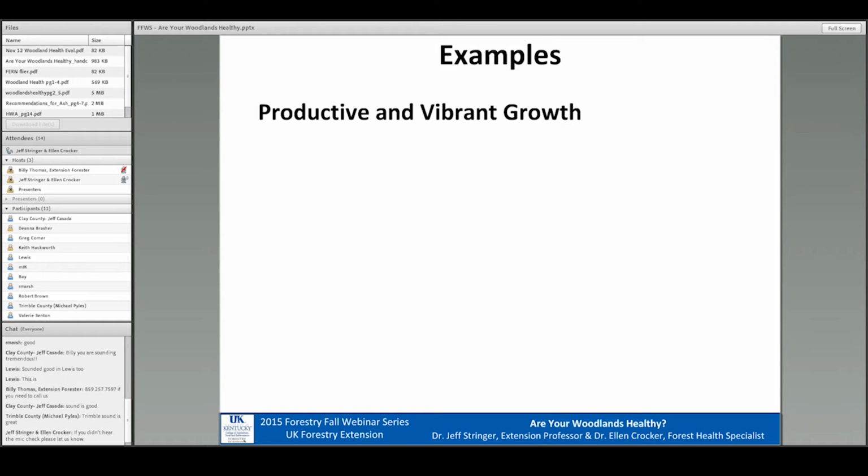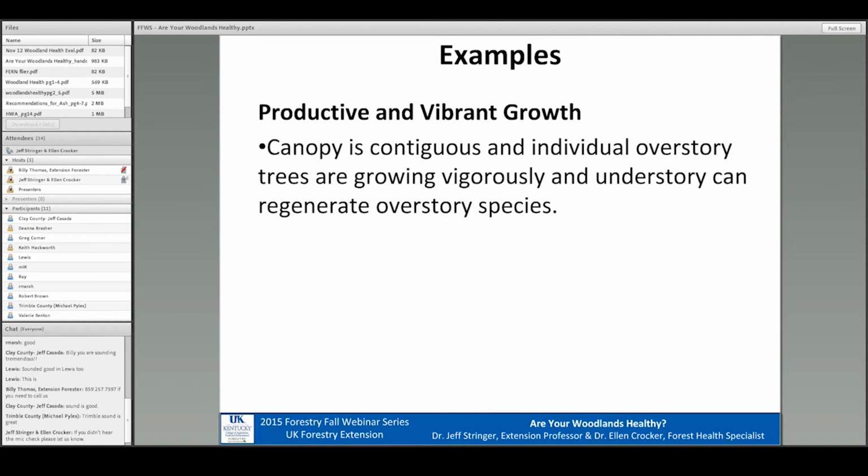To some of you, having a healthy woods may in fact mean that the individual trees in your overstory are vigorous and vibrant and growing rapidly. For timber objectives, this is usually a pretty good thing. So if your thought about woodland health revolves around having very vigorous overstory trees, for example, the canopy is contiguous, meaning there are no holes or gaps in it.